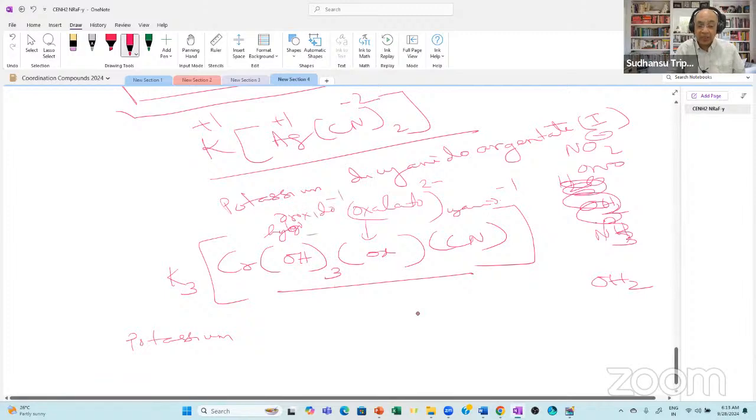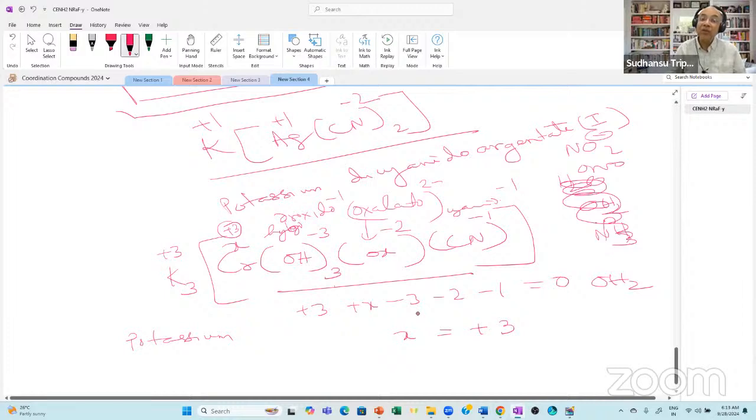So this is minus 3. This is minus 2. Oxalato, a bidentate ligand, is minus 2. Only one cyanide, minus 1. And this is X. This is plus 3. So plus 3 plus X minus 3 minus 2 minus 1 is equal to 0. So X is equal to plus 3. So chromium is in the plus 3 state.